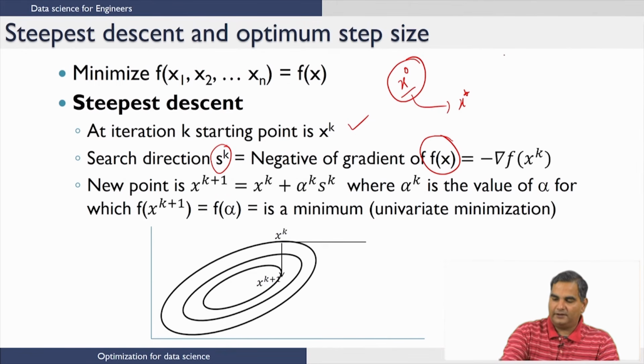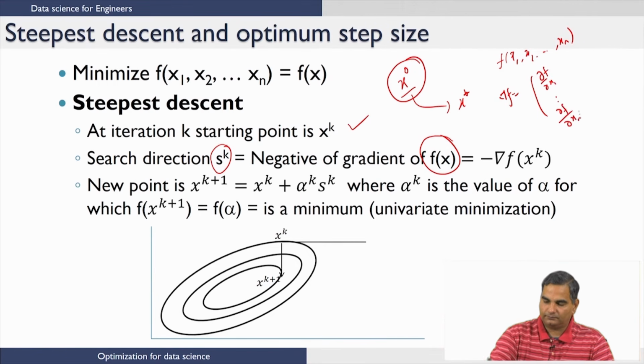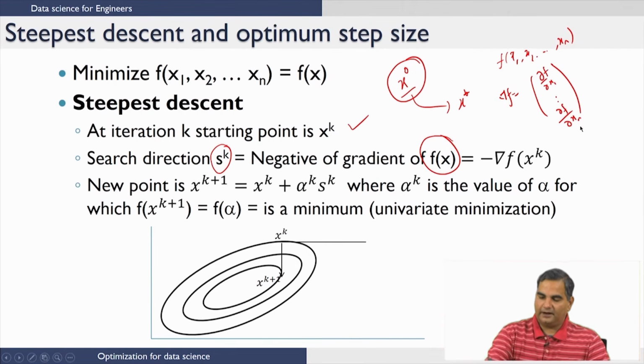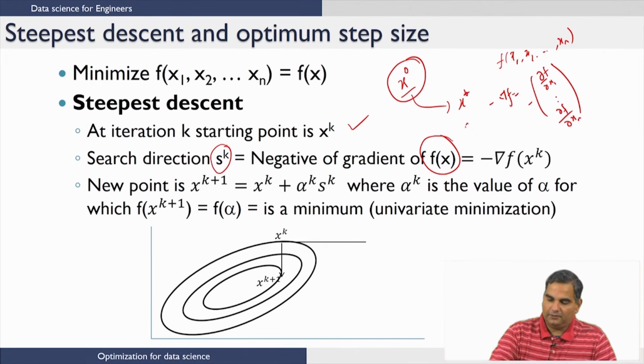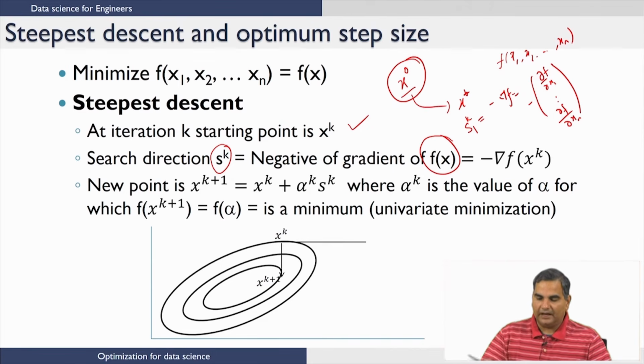If f of x has n decision variables, then grad f is dou f dou x1 all the way up to dou f dou xn, and negative grad f would be this. We keep this as the search direction, sk equal to negative grad f, and this is called the steepest descent search direction.